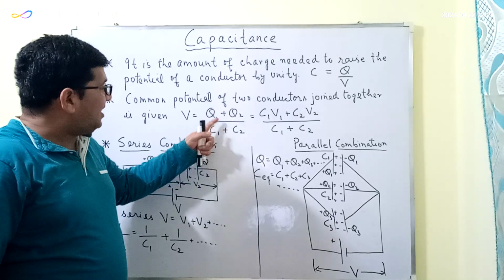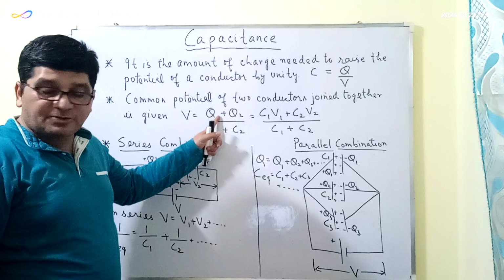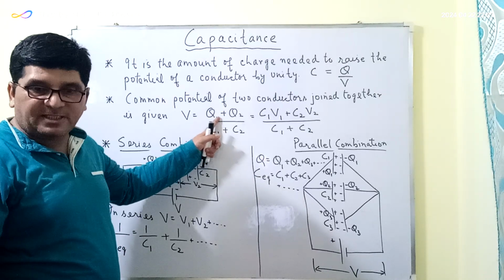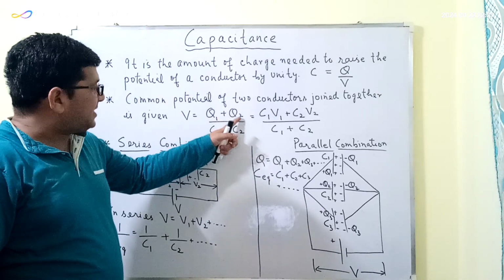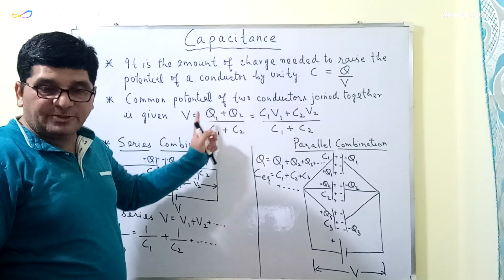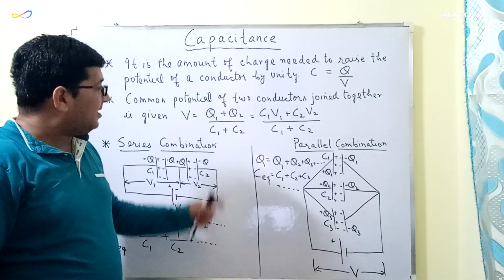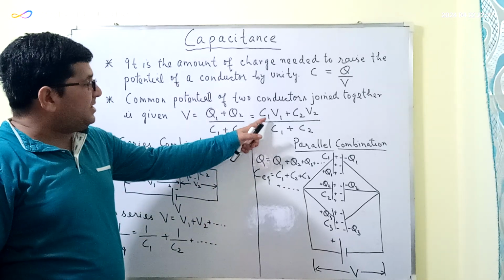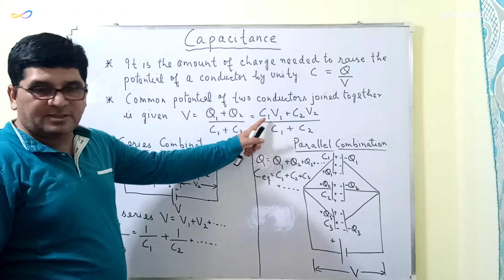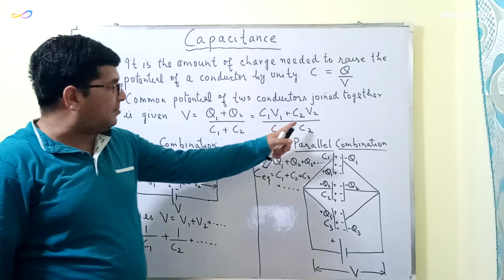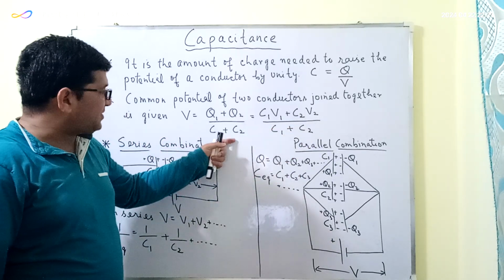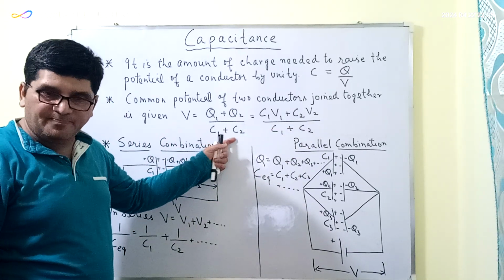If the charge on the first conductor is Q1 and on the second conductor is Q2, then the total charge will be Q1 plus Q2. The capacitance of conductor 1 is C1 and of conductor 2 is C2, so the total capacitance will be C1 plus C2.